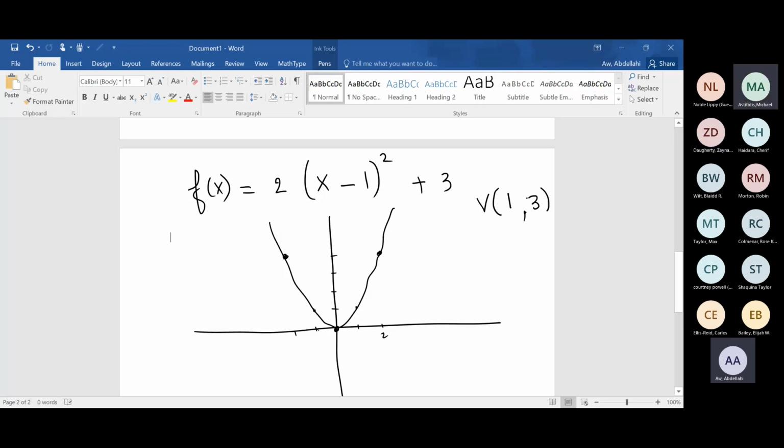So if I want to graph f of x from this graph, the number 1 tells me how much I should go right. I have to shift right 1 unit, which means my new vertex will be here, 1 here. And how much do I have to go up?